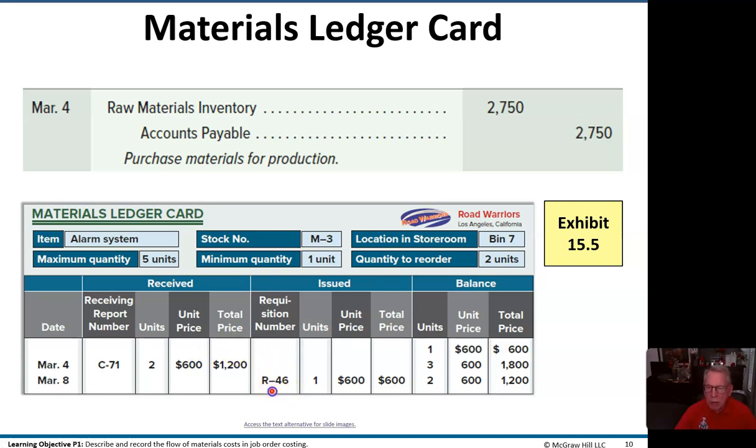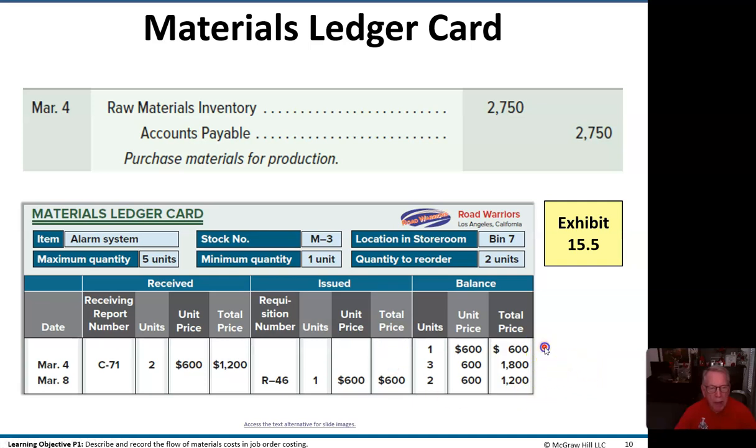Then on March 8th, we issued one of those little beauties to the floor, and the cost of that was $600. And the balance was originally $600. Then I purchased another 3 units here, and then we received another 2 units.